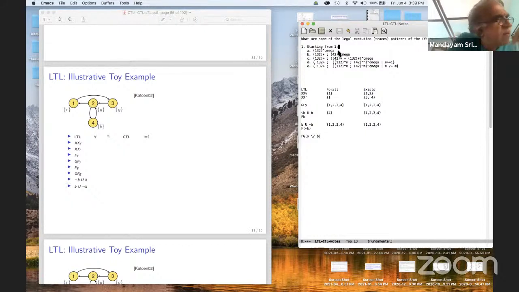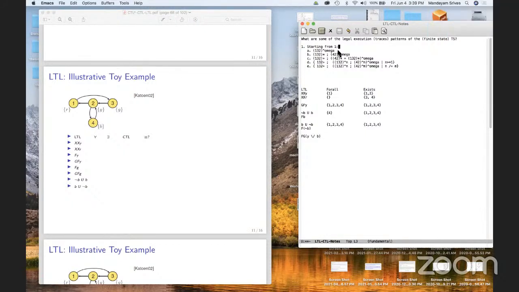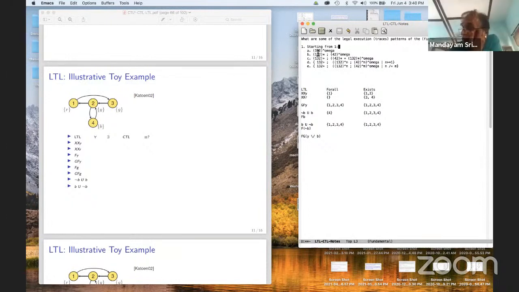Have you? I'm taking logic, automata, and games, so it's covered there. Nonetheless, I'll formally introduce it only later in the course, when we talk about automata based model checking.